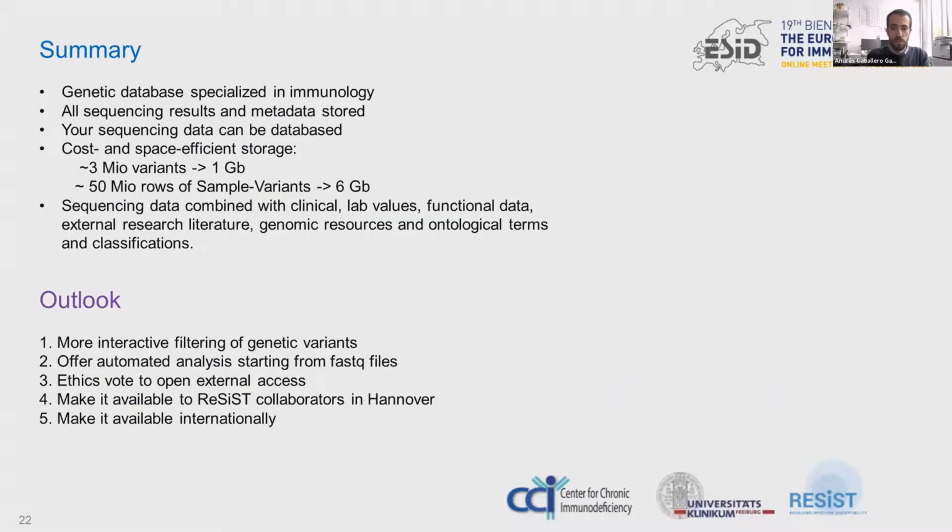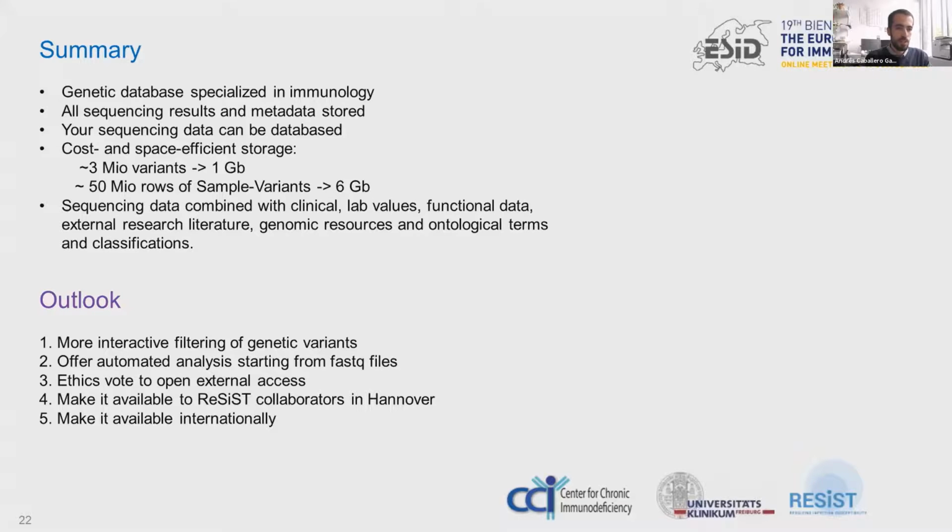Just to sum up, I hope I could briefly show you that with GEMMA, we intend to build a specialized database focused on immunology with a strong genetic background. You can store all your sequencing data, also including metadata, and it's a very efficient way of storing this data.